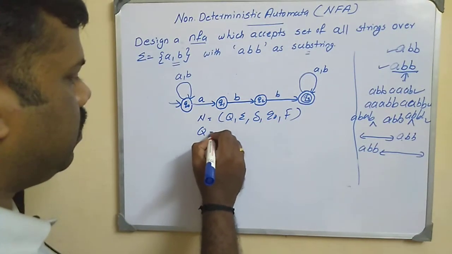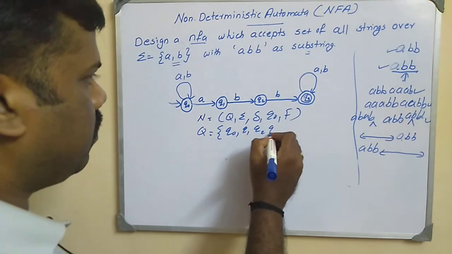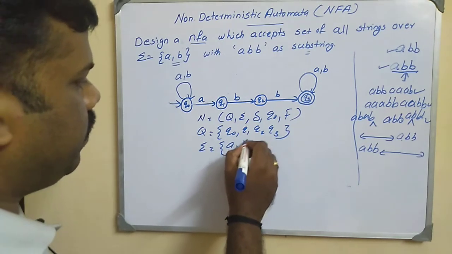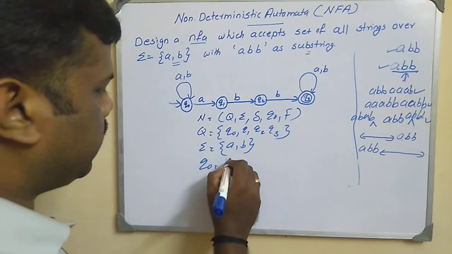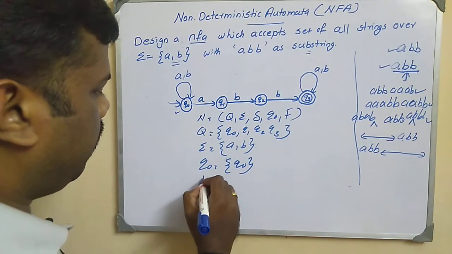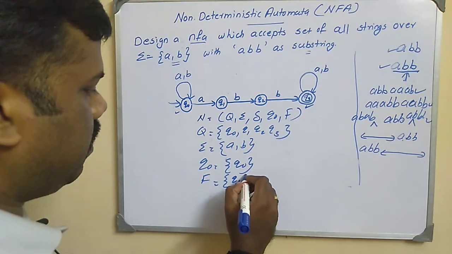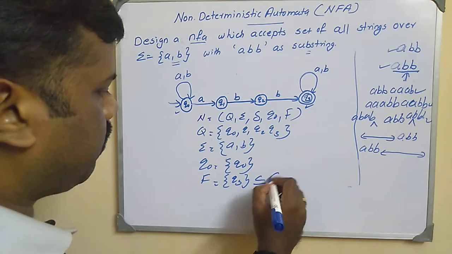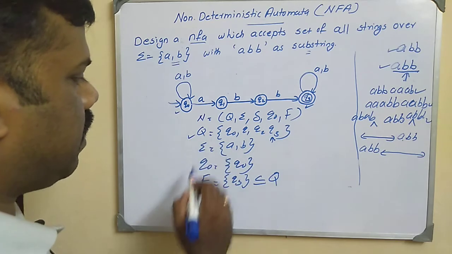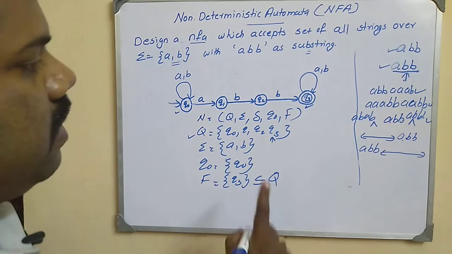In this case, Q = {Q0, Q1, Q2, Q3}, sigma = {A, B}, Q0 is the initial state, and Q3 is the final state, which is also a subset of capital Q. The transition function we have already described.